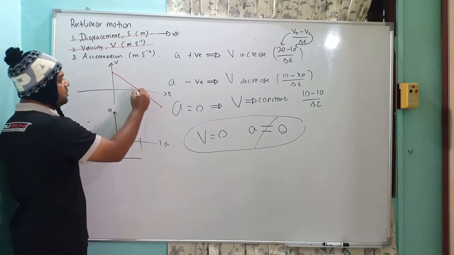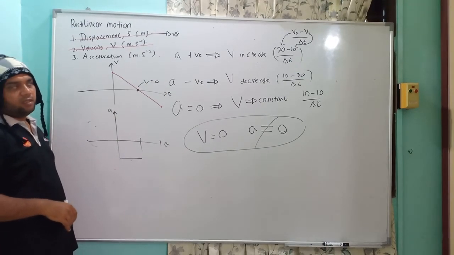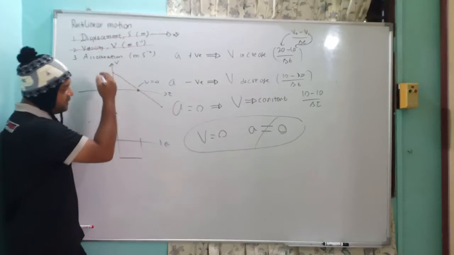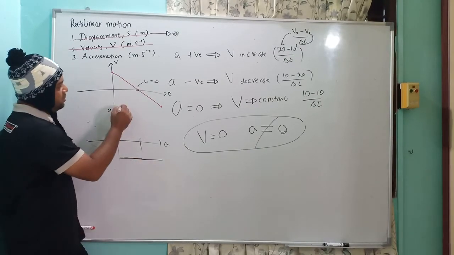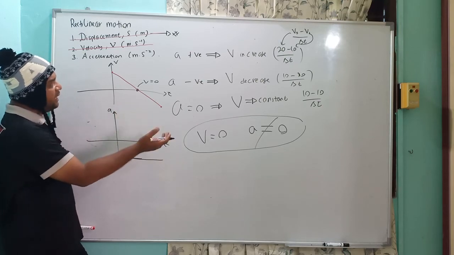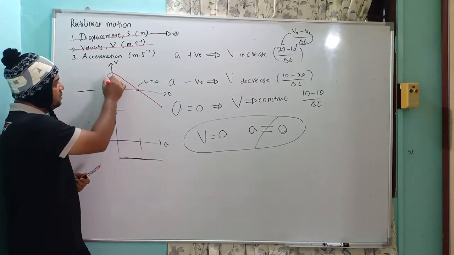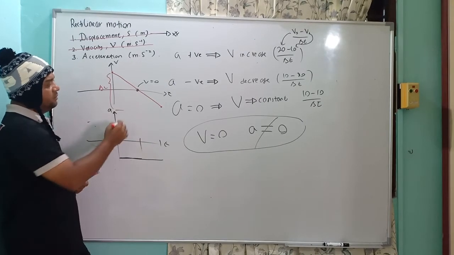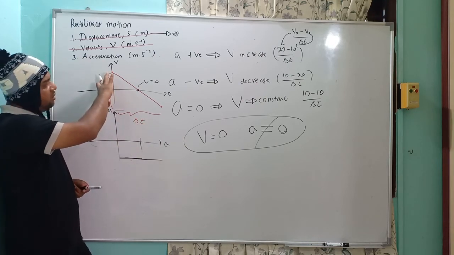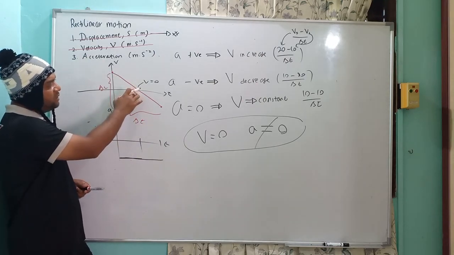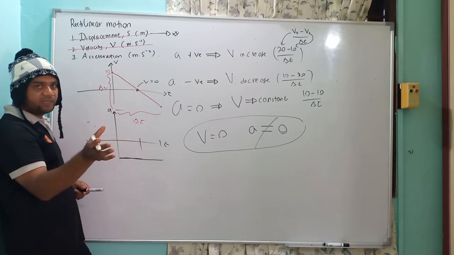But at this point, we have V equal to 0. Even though V equal to 0, the acceleration still has the same value up to there, because what we do is delta V divided by delta T. So delta V is this one, and this is delta T. So we have the value for delta V. Along this one, even though this V2 is 0, 0 minus something, let's say this is 10, 0 minus 10, we still have the value minus 10.